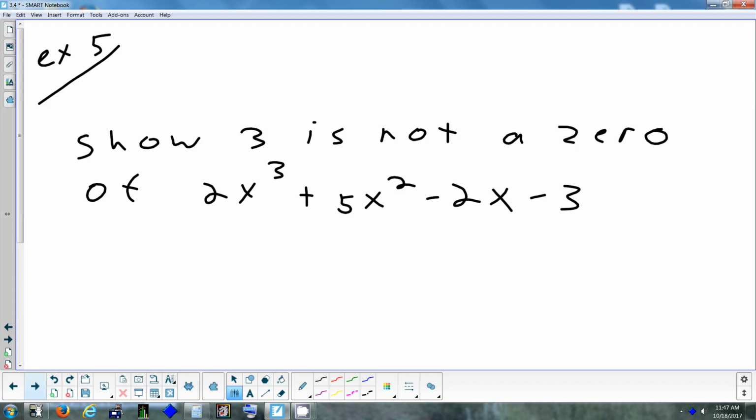X minus 3. So I'm going to show that x minus 3 is not a factor by doing synthetic division and hoping that I get a remainder that's not 0. If I get a non-zero remainder, then it's not a factor, which means that's not a root. Okay, what number would go on the outside here?